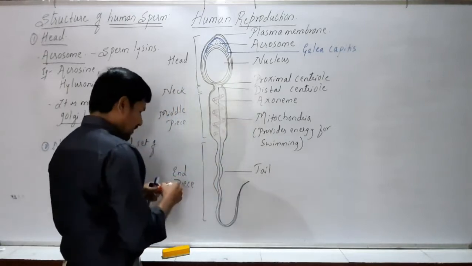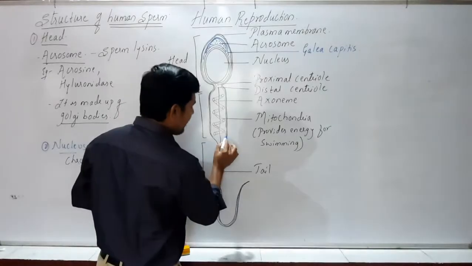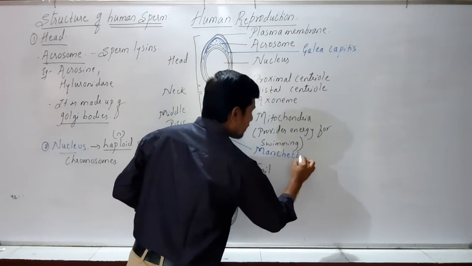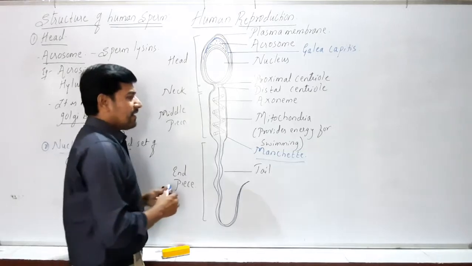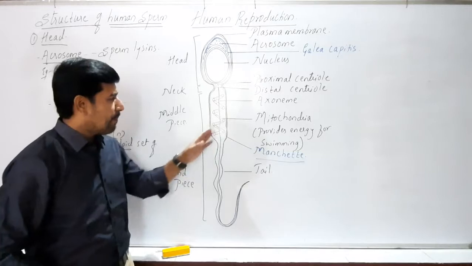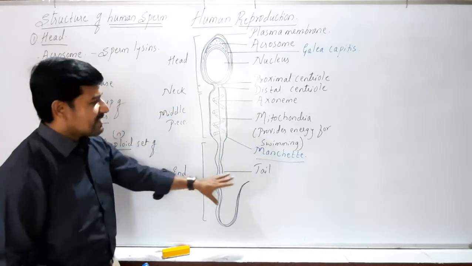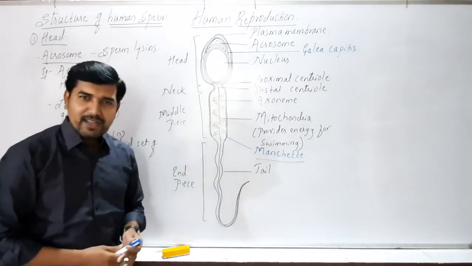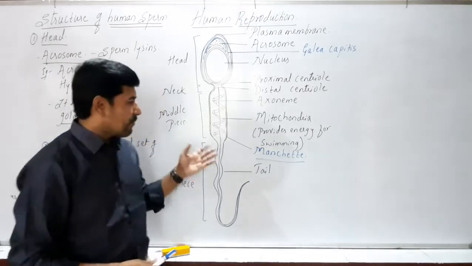Again, it is a protective layer, and this layer is called the manchette. So the manchette is a layer that arises from half part of the nucleus and also extends into the middle piece. This is an additional term, as it is also a protective layer. Now we come across one more term, which is called Nebenkern. That part we'll discuss later.